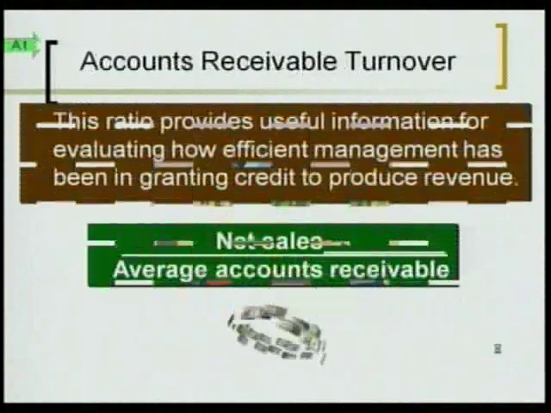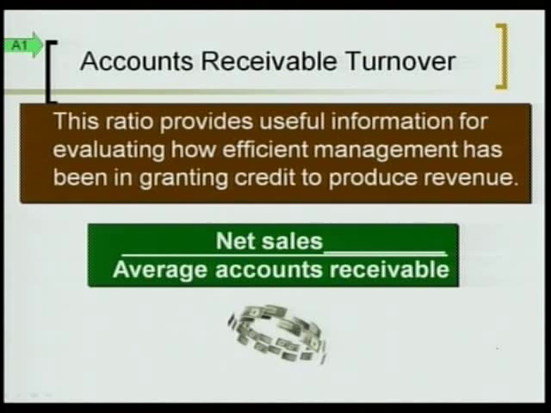Now, I wanted you to read about this ratio in your books, and just going to the PowerPoints real quick. This was the accounts receivable turnover, right? Now, we had a similar ratio in chapter 8, I believe, with day sales uncollected.